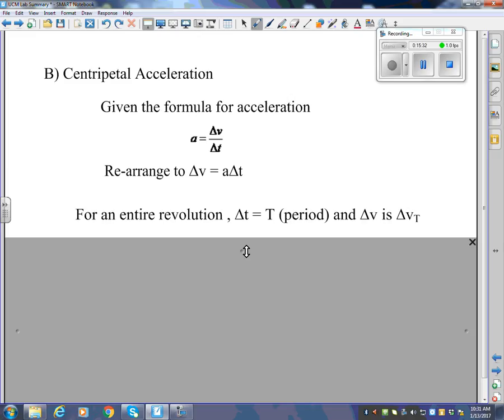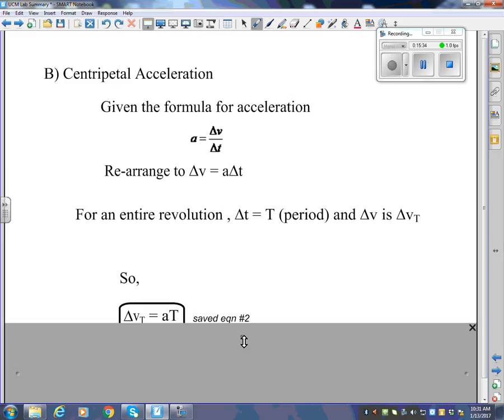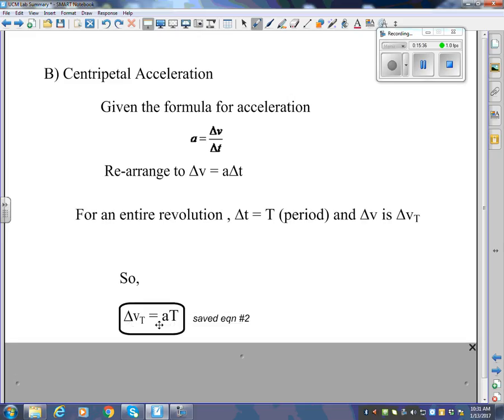So now I'm just relabeling things, and I get delta v_T is equal to a times big T. And we're going to call that saved equation number 2. All I've really done is taken our old formula for acceleration, rearranged it a little bit, and relabeled it for one complete revolution.